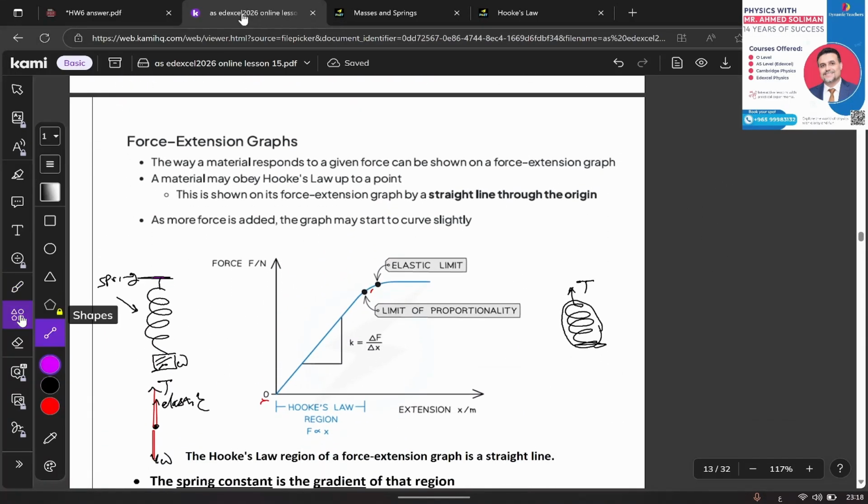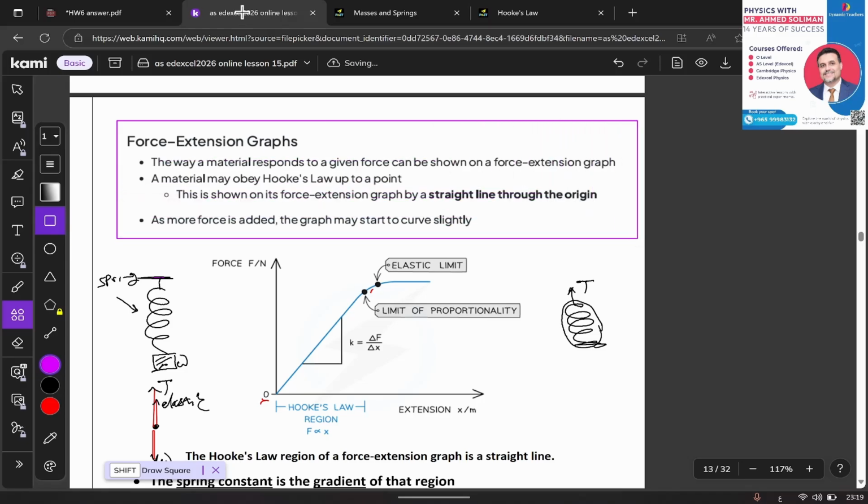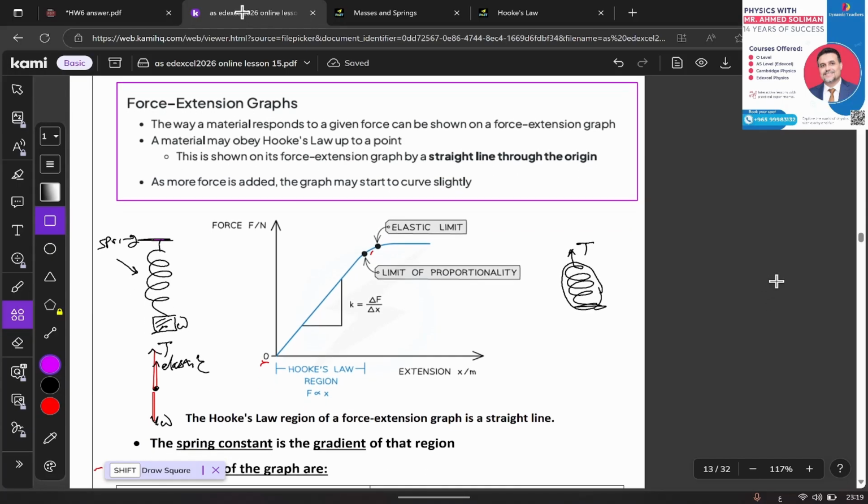So now, this is the next part. Force extension graph. The way a material responds to a given force can be shown on a force extension graph. A material may obey Hooke's law up to a point. What can we call this point, Habiba? Limit of proportionality. Yes.